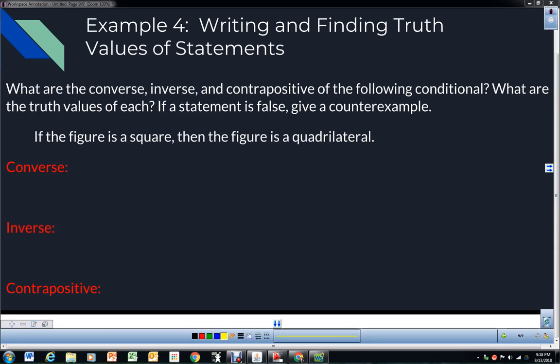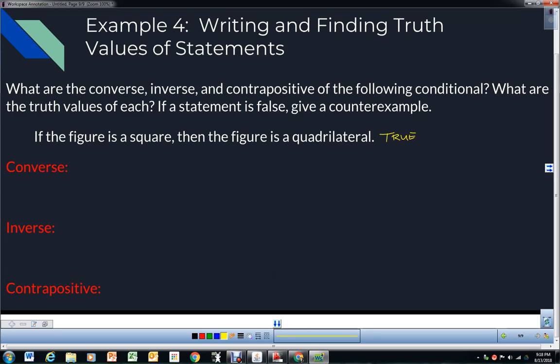To help remind you, a quadrilateral is any four-sided object. So does the square have four sides? Yes. Is it a quadrilateral? Yes. So this would be true.